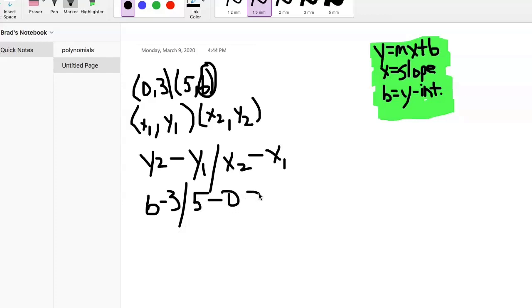That equals 6 minus 3, which is 3, over 5 minus 0, which is 5, so 3/5. And that is going to be our answer. The slope is 3/5.